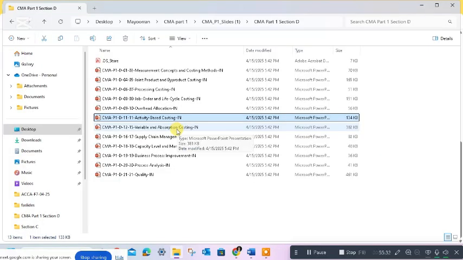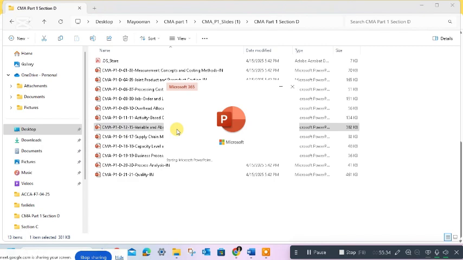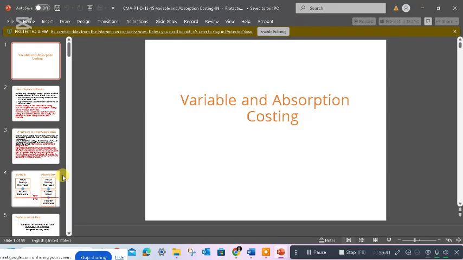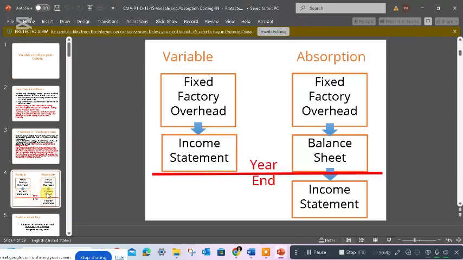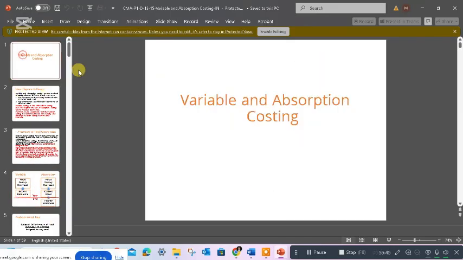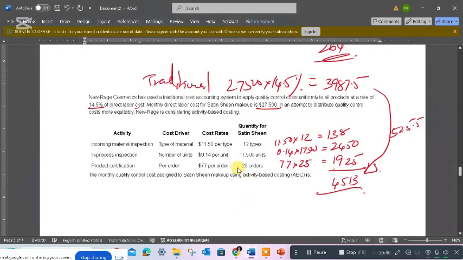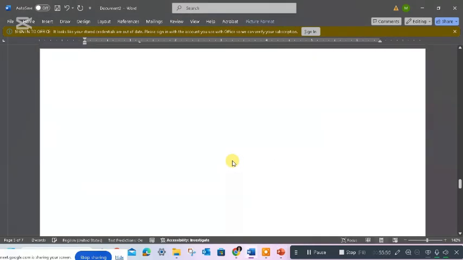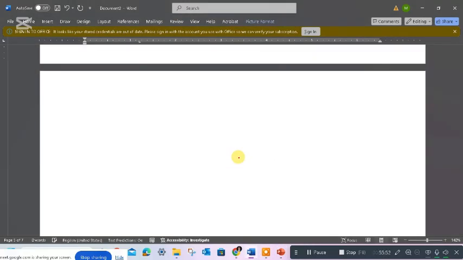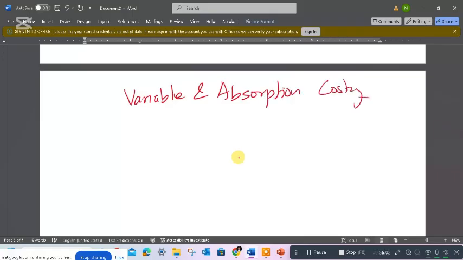Variable and absorption costing. Two different costing methods. Let me give my explanation, then we will go to what the book says. What is the meaning of costing?